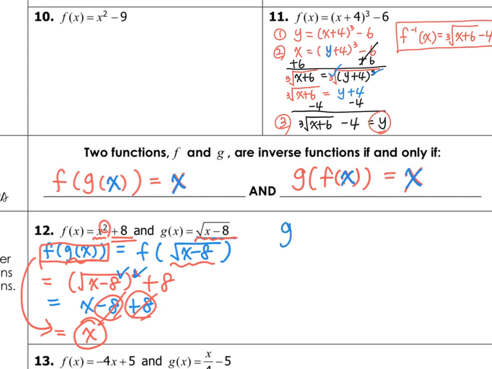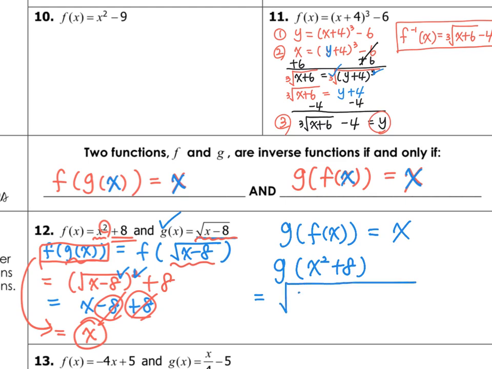Now we need to evaluate if g of f of x equals x. So g of f of x is what? f of x is x squared plus 8, so I substitute that into g of x. So the square root, instead of x, I'm going to put x squared plus 8, minus 8.